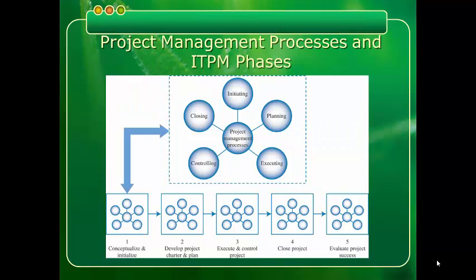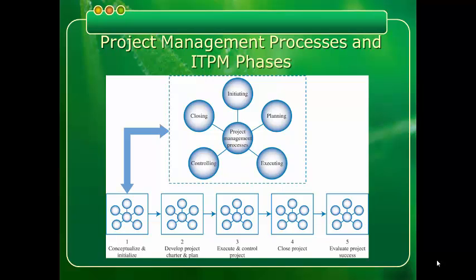So we have here the project management processes and ITPM phases. We have 5 phases. The first one is conceptualize and initialize. The second is develop project charter and plan. Third is execute and control project. The fourth is close project.